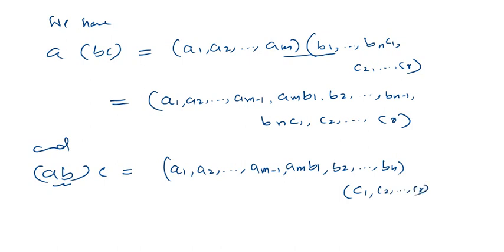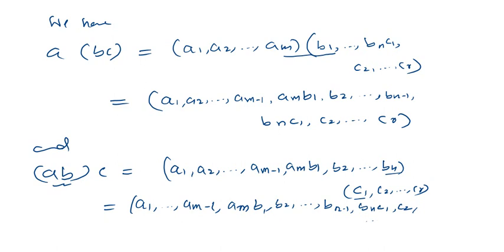Again the index is same, this is equal to A1 ... AM minus 1, then AM B1, then B2, then there is Bn minus 1 and Bn C1, C2 ... Cr.